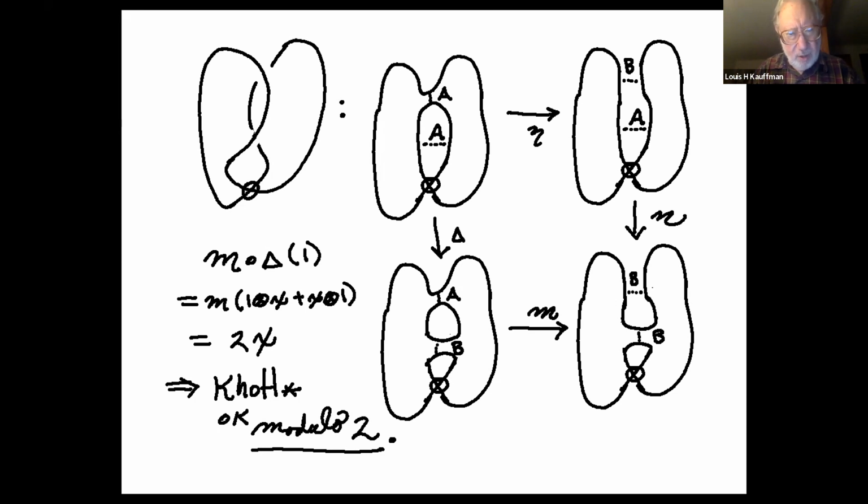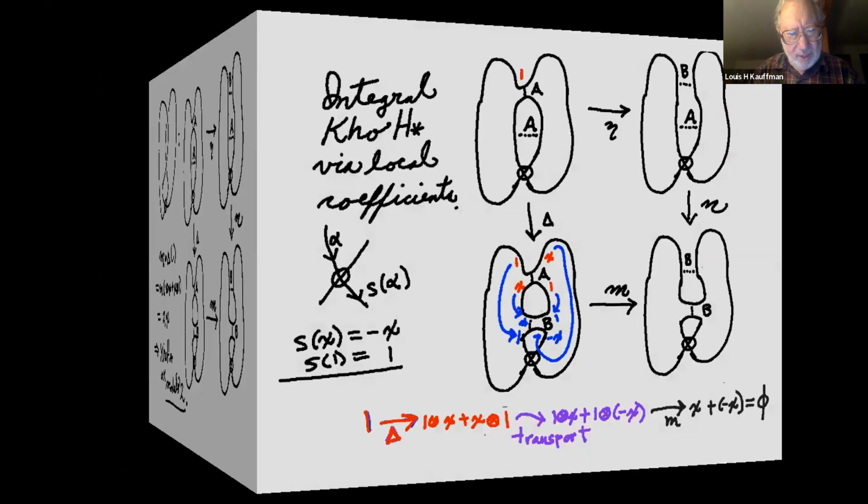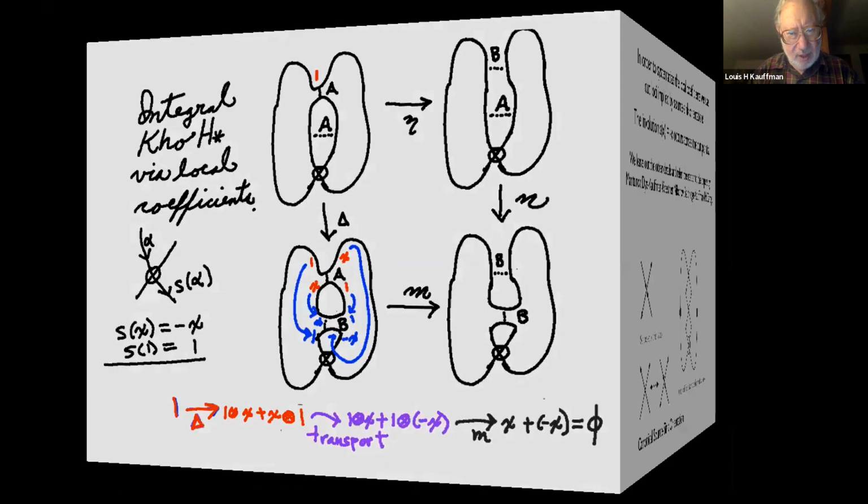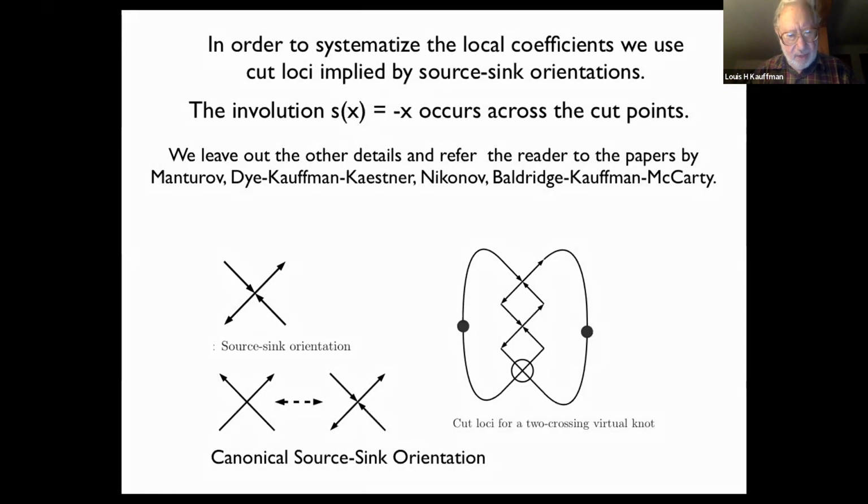Now I'm going to make a long story short by even skipping the next example, because we're edging on time here. The method by which we do this, a little bit different from Vassily's method, is that we put a source-sink orientation at every crossing.